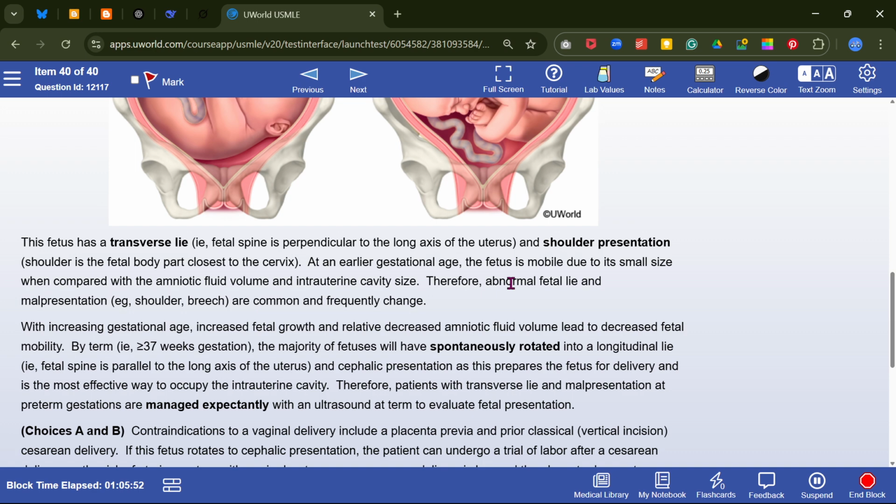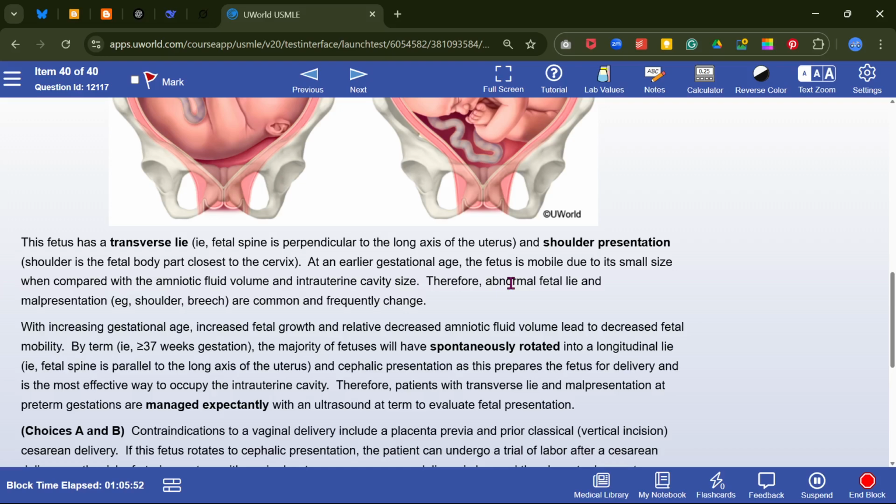By term, more than 37 weeks of gestation, the majority of fetuses will have spontaneously rotated into a longitudinal lie, fetal spine parallel to the long axis of the uterus, and cephalic presentation, as this prepares the fetus for delivery and is the most effective way to occupy the intrauterine cavity.